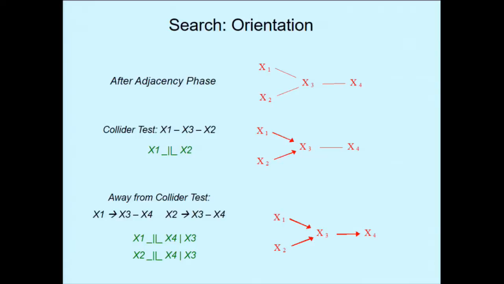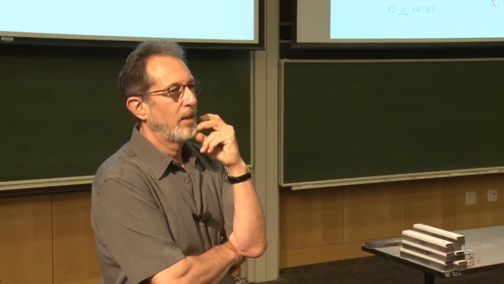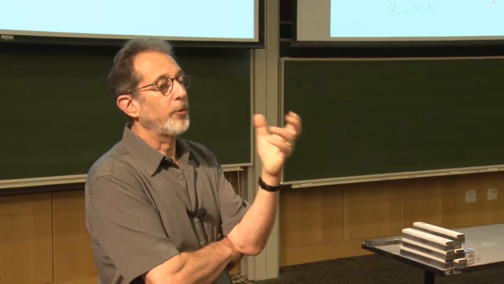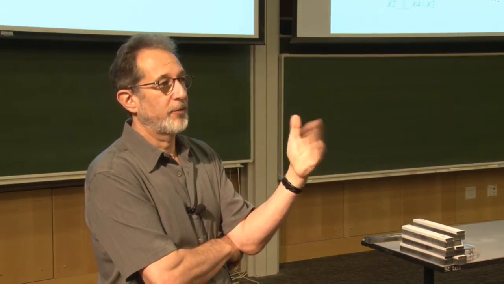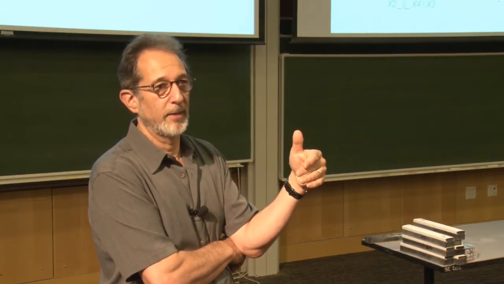Yeah? What's an example of this particular constraint-based search? In constraint-based search, what is an example of an algorithm that does this? Oh, I'm sorry, the PC algorithm and all the variants are all constraint-based search. And so is the FCI algorithm, which I'll get to in a minute.